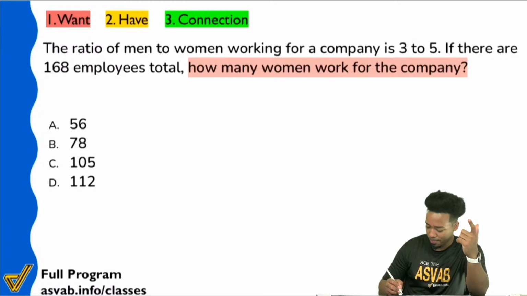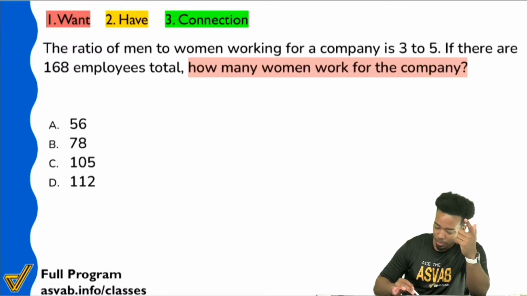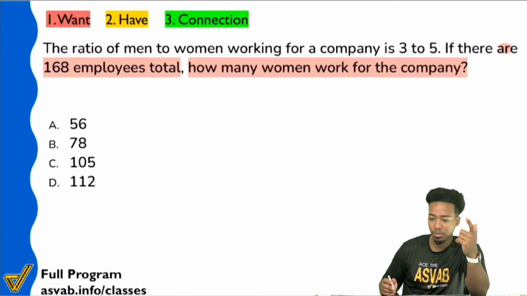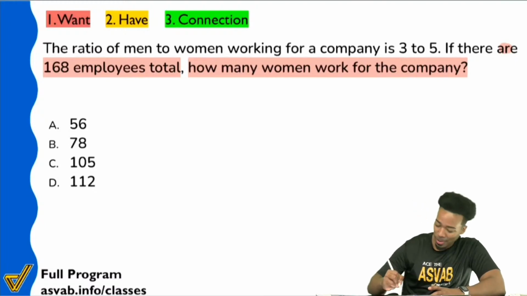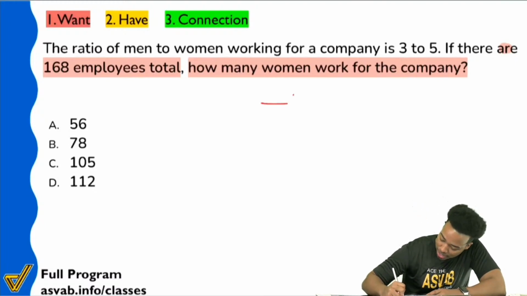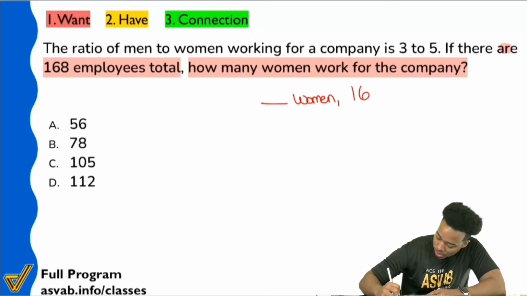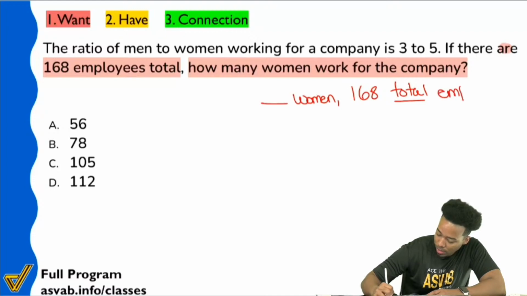What did they give you? Right. They give you the total employees. So let's write that down. What we want is there are blank women and there are 168 total employees.